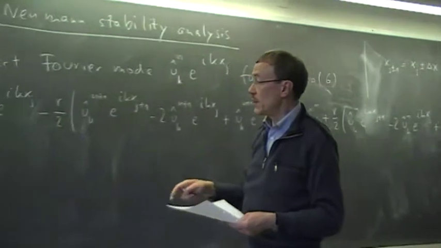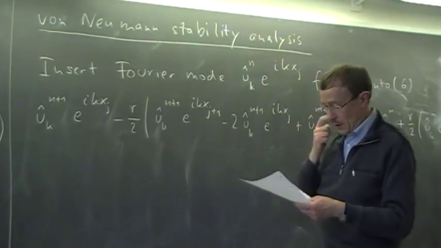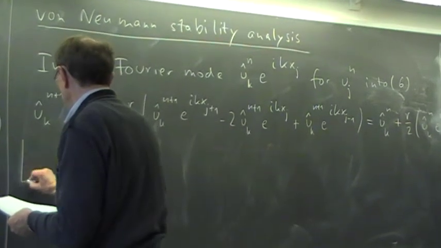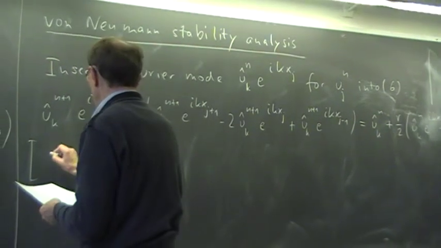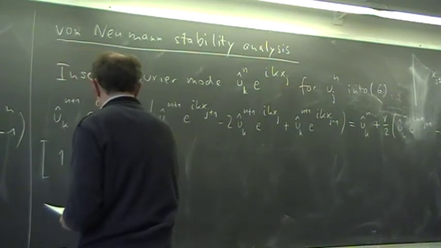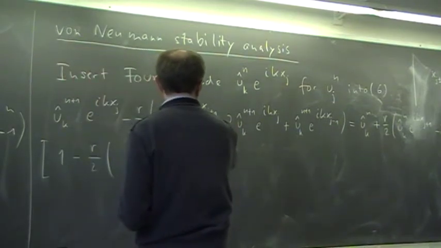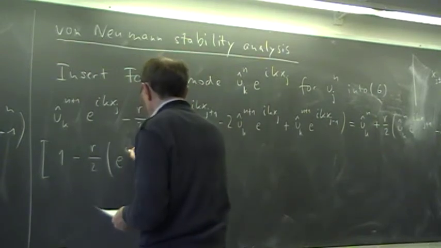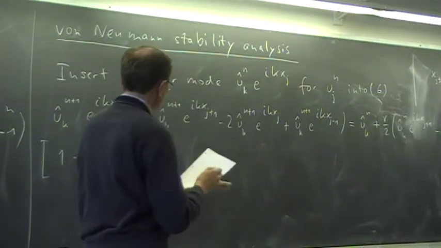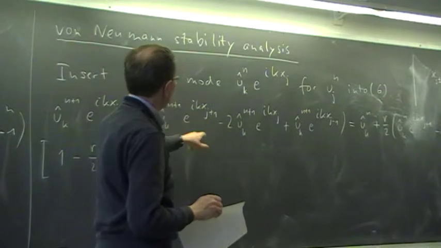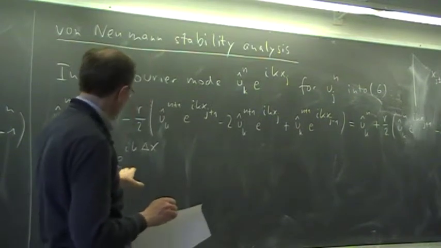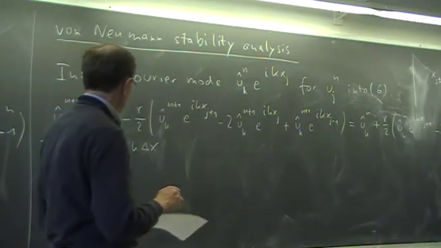And we factorize the amplitudes at the same time, and then we get, so this is then gone, and we get simply a 1 minus r/2, and from here we get the contribution e^(ik delta x), because we divide by e^(ik x_j), and then it is plus delta x, but that can be expressed as times this factor.